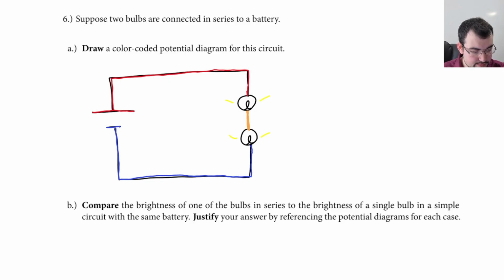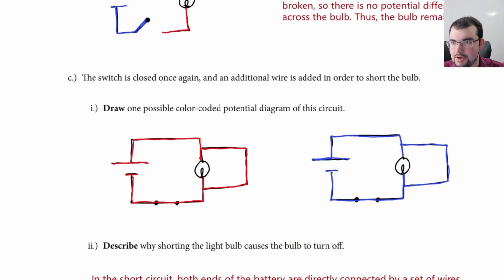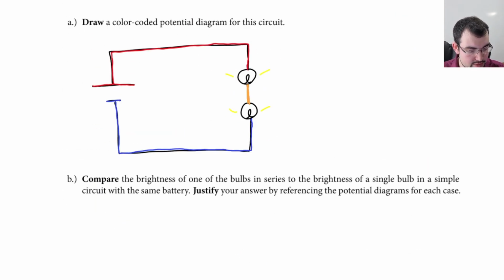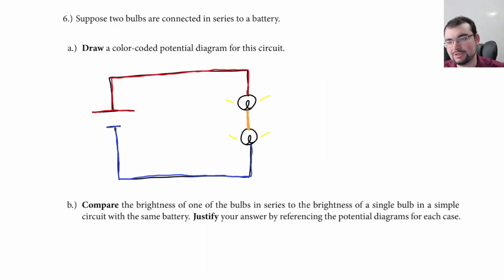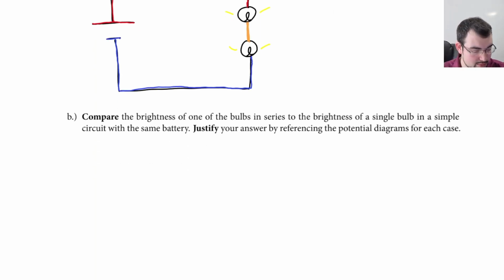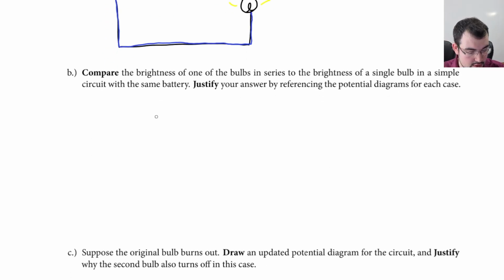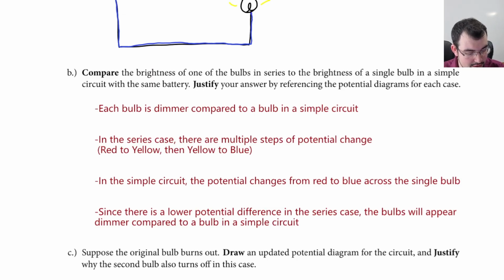So notice here, this bulb steps from red to orange, then from orange to blue. Whereas in the other circuit, it actually goes entirely from red to blue. And we said that the brightness of a bulb depends on how extreme this color change is. So it's going to be dimmer in this circuit because instead of going directly from red to blue, we're going from an intermediate color.